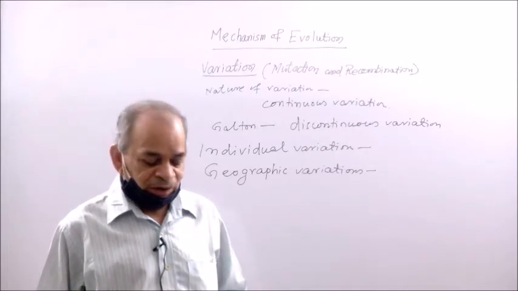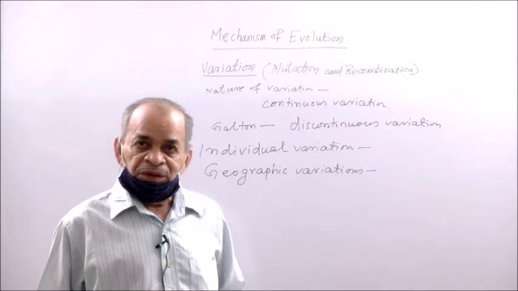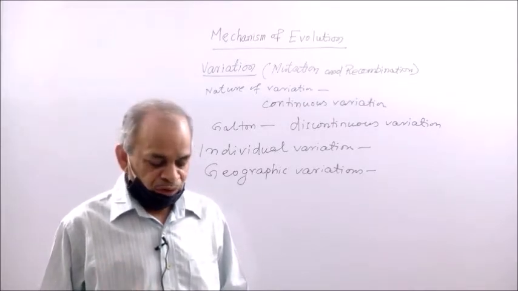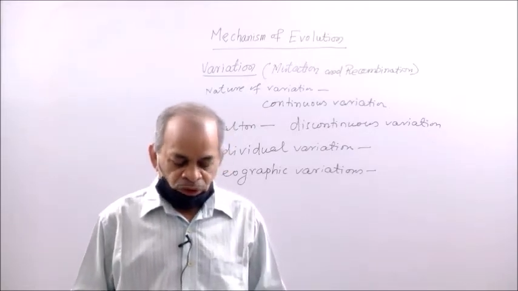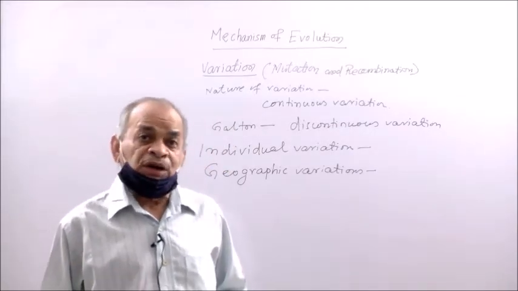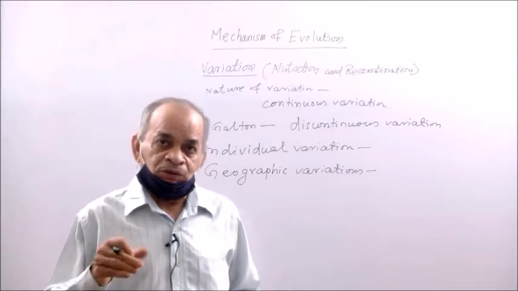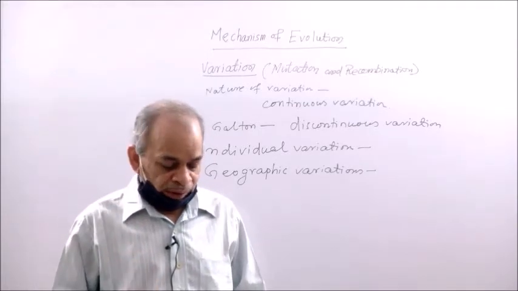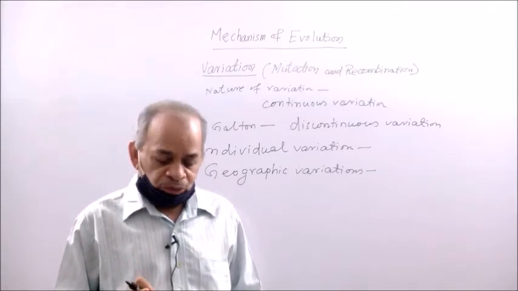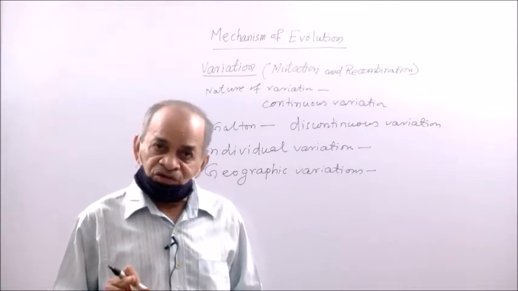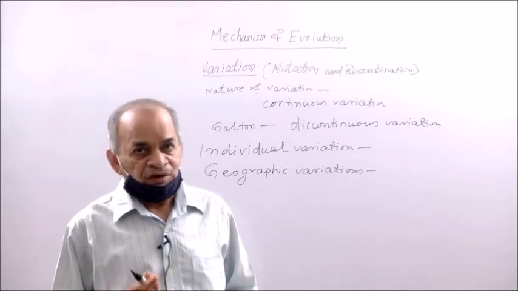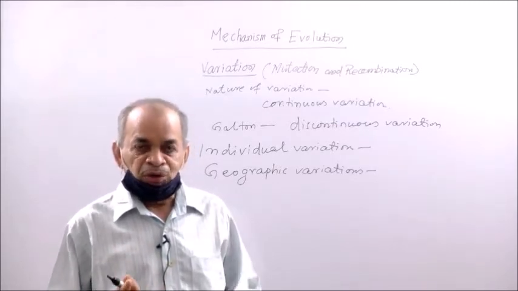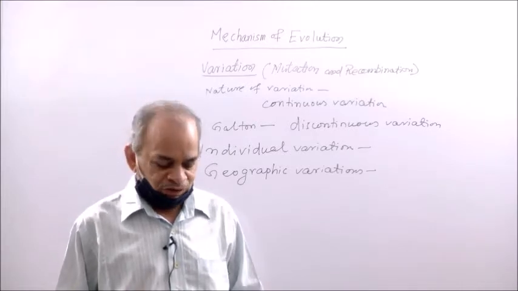If they live in different geographical regions, there are variations. These are mostly adaptive, meaning they adjust to their particular environment, and are inevitable consequences of geographical variations of the environment, because the environment is different in different geographical areas.